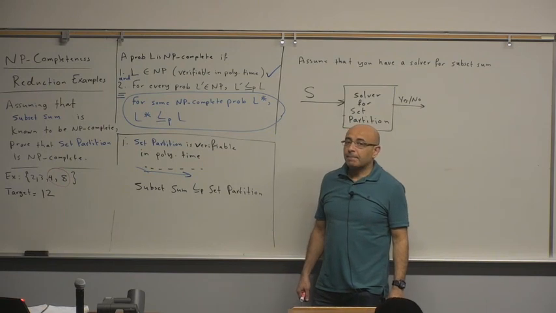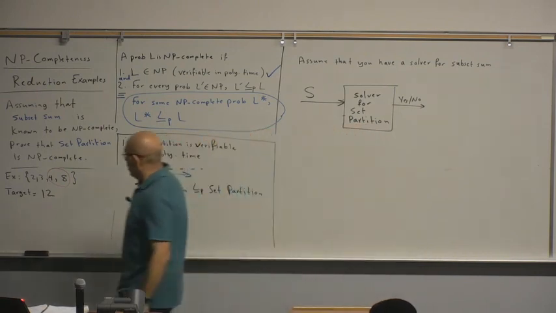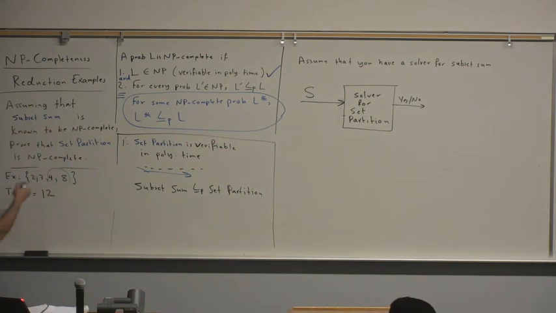minus the target value. Okay, good. So the target here is 12. And you want to add an additional item, which is the sum minus target. Sum minus target. So what's the sum?